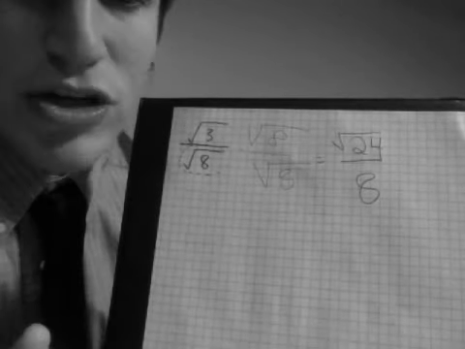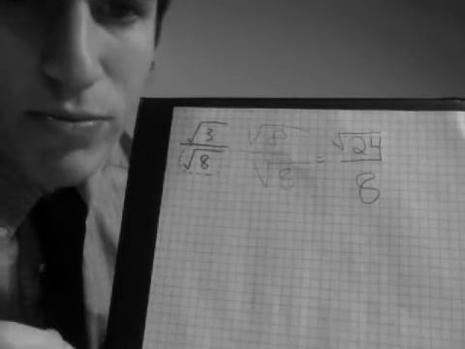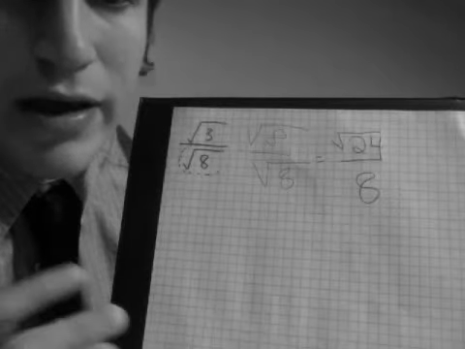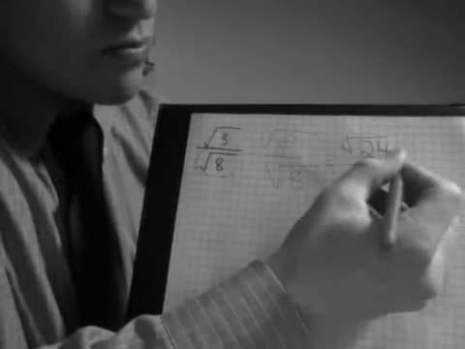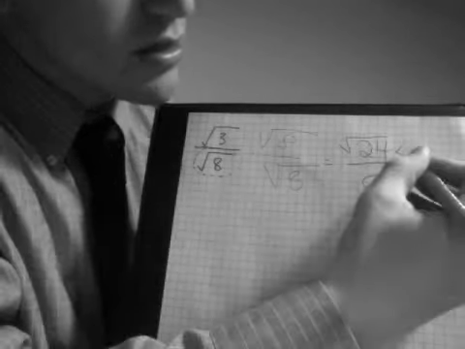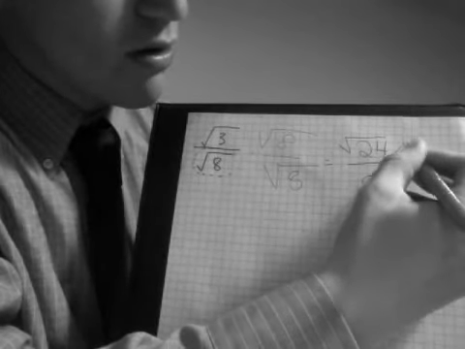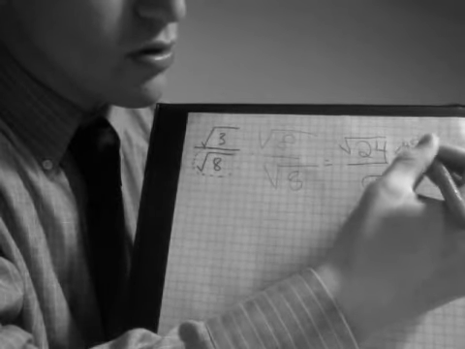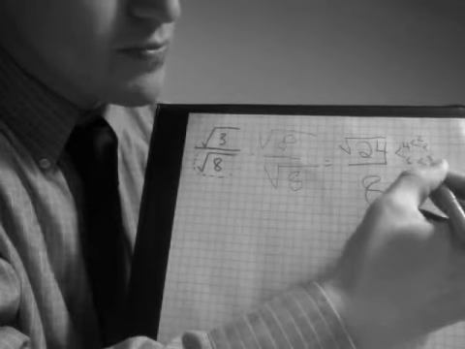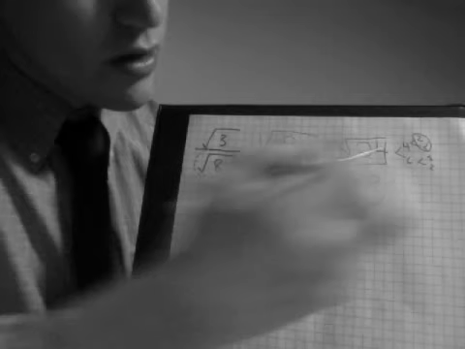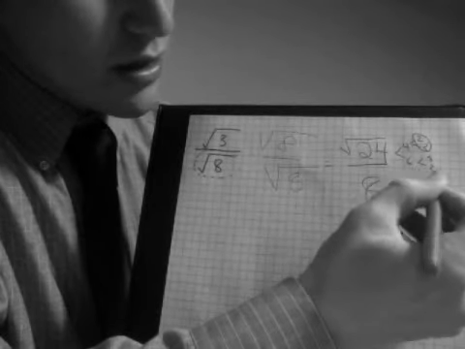The last thing I do is see if I can simplify anything or break things down and reduce any fractions. So when I break down 24, 6 and 4, 2 and 2, 3 and 2, I have a pair of 2's, and then I have basically 3 and 2 left over.